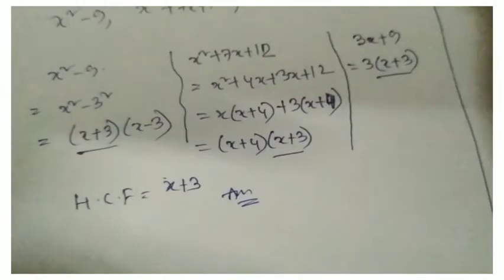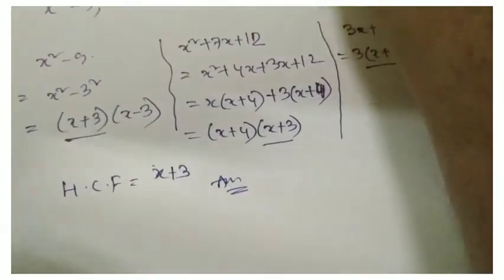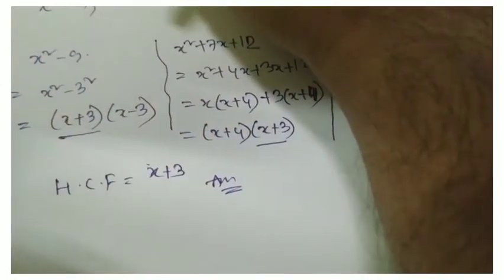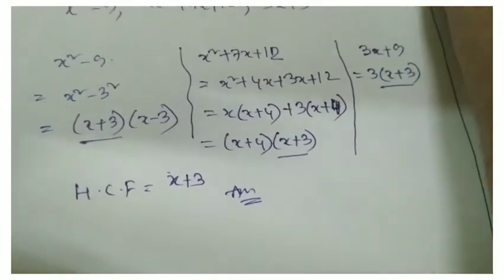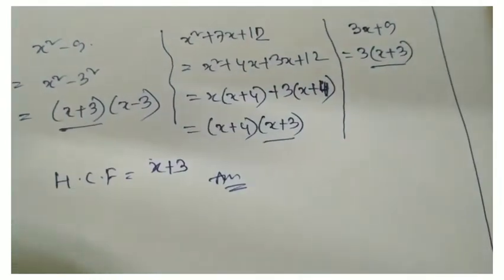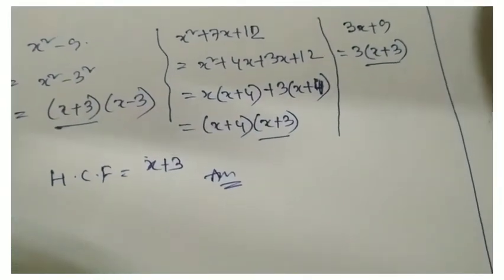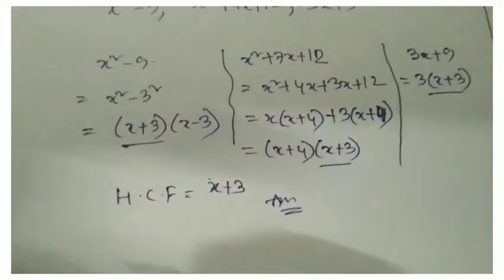I'm going to show a few more examples on HCF. I think this is quite easy. You can understand how to determine the HCF, right? Let's say I have two more expressions.